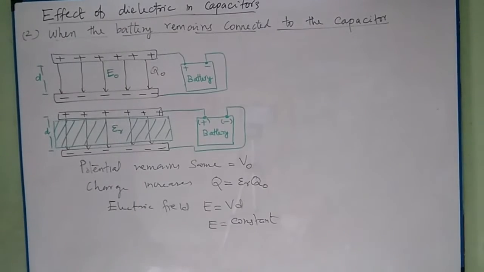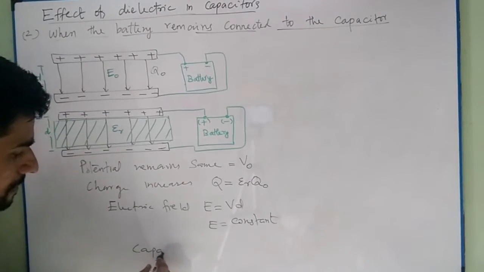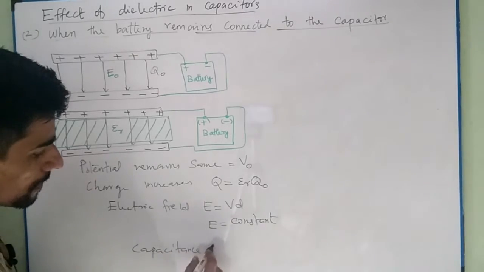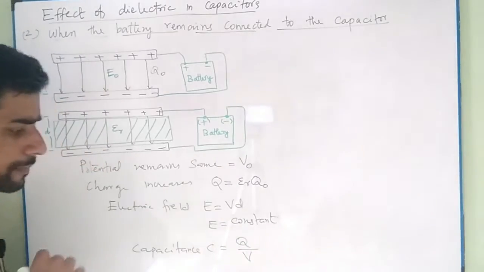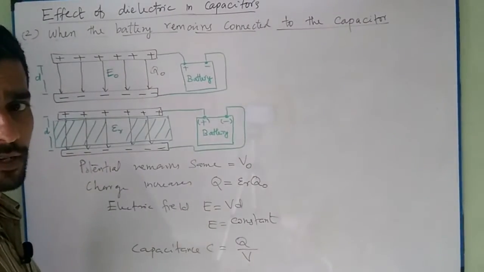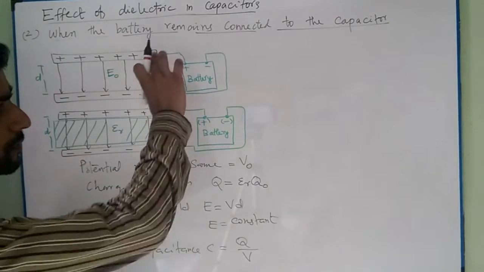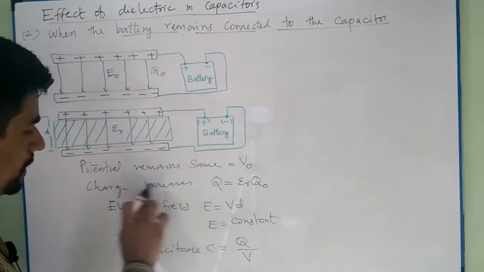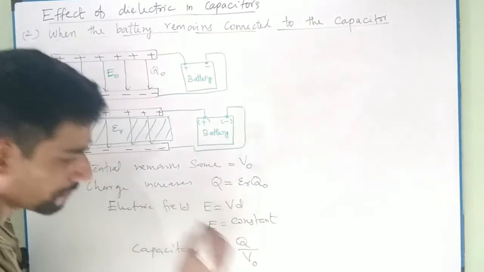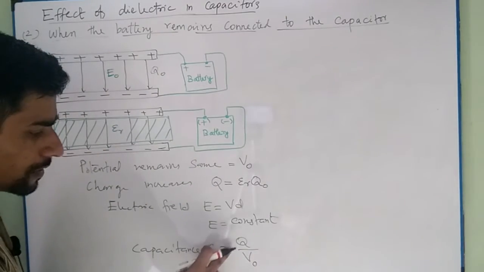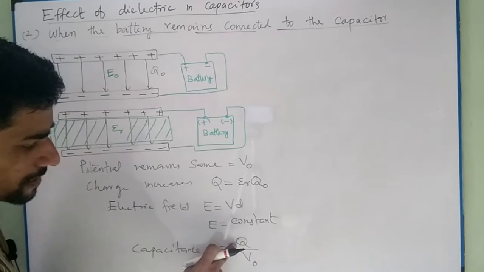Now, what is the expression for capacitance? Capacitance C is equal to Q by V, where Q is the charge and V is the potential difference between the two plates. We have seen that the potential remains constant, so instead of V, we can write V0. So C is equal to Q by V0. And what is Q here?